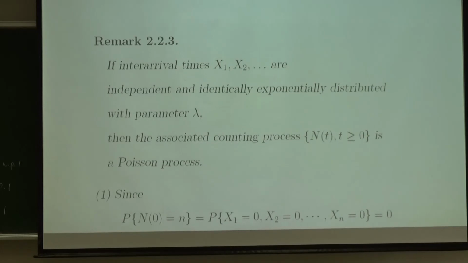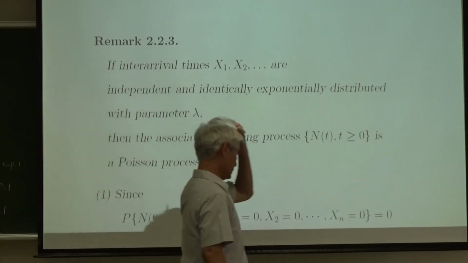Conversely, suppose that we have a counting process, or a point process, such that the interarrival times are IID and exponentially distributed with parameter lambda, then the associated counting process is a Poisson process. So they are equivalent to each other.